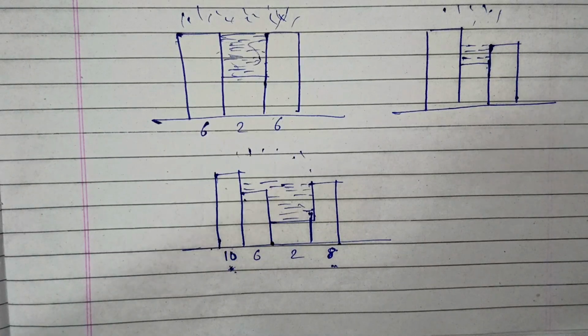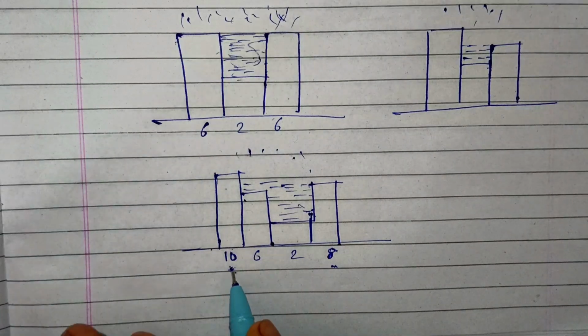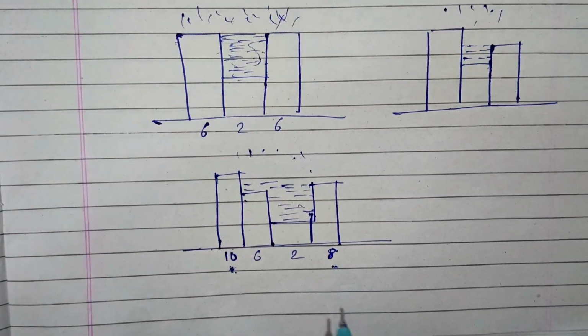What the maximum right boundary shows is the capacity of water to store on the right side, and in the left boundary, the capacity of water it will store on the left side. So it's showing that.